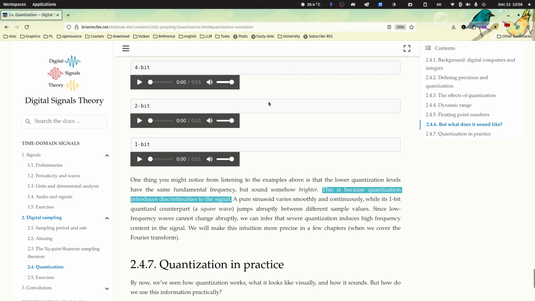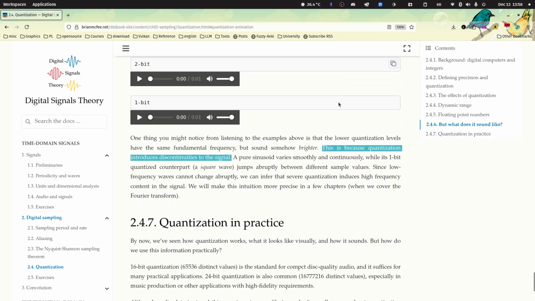Yeah, because the square waves are step functions. Like 1-bit quantized just jumps abruptly between different sample values.